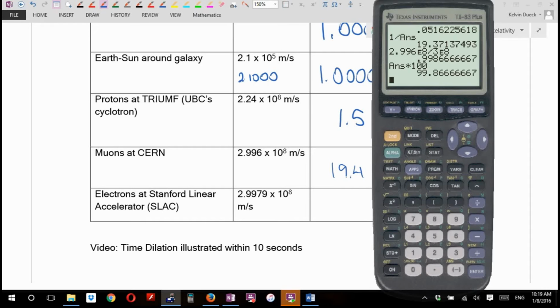Turns out we can get electrons to go faster at the Stanford Linear Accelerator, or the SLAC facility as it's nicknamed. We can get those going to 2.9979 times 10 to the 8th. So 1 year of an electron's life, how many years would that be on the Earth?